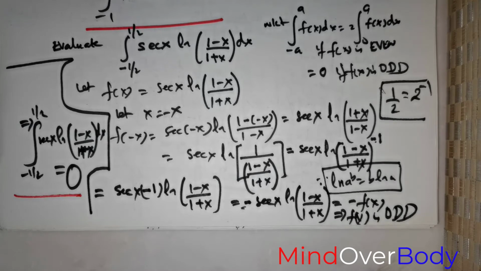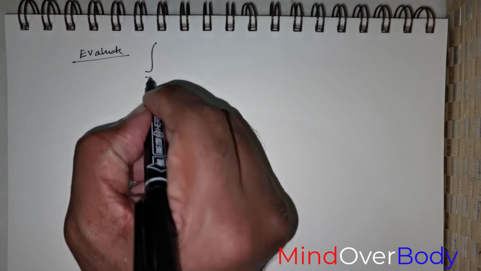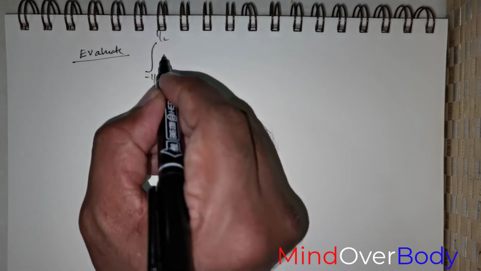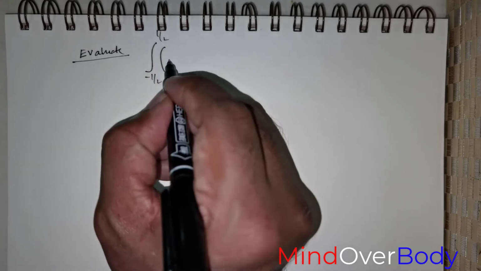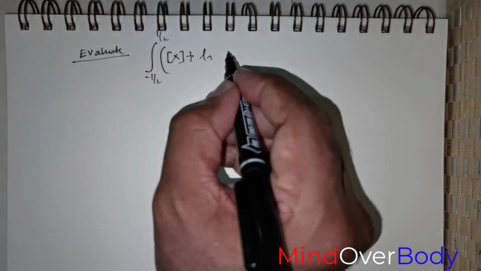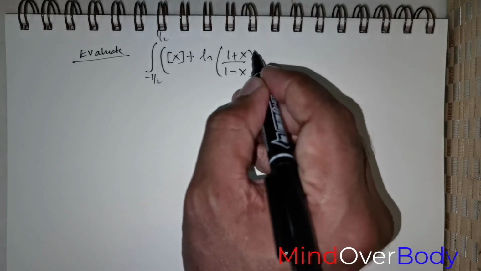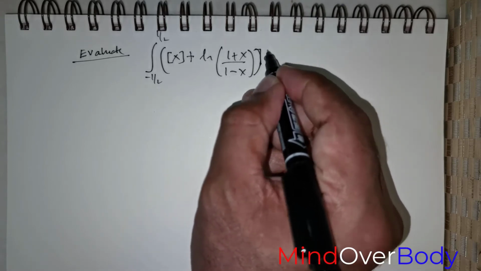And the next question is, students, we are expected to evaluate the integral from negative 1/2 to 1/2 of the greatest integer function of x plus ln of (1 + x)/(1 - x) dx.